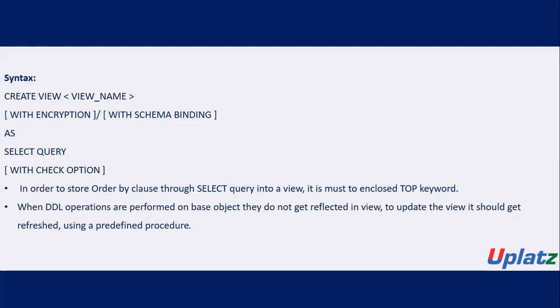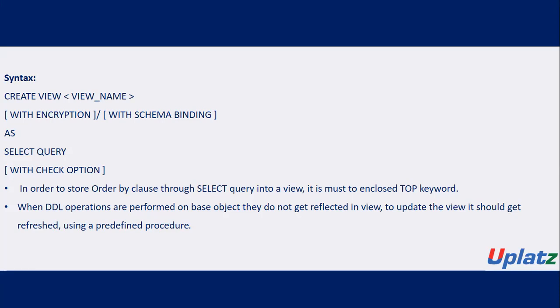As the name states, simple view: create view, and then view name. The create view statement is used for creating a view: create view, then view name, then with encryption or with schema binding, as, then we write the select query, and then with check option we have to add.